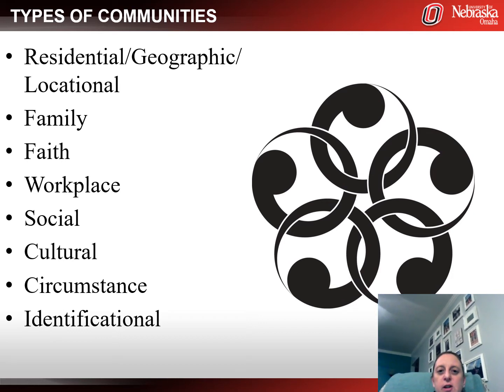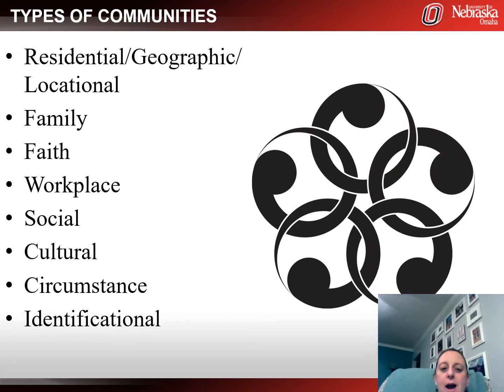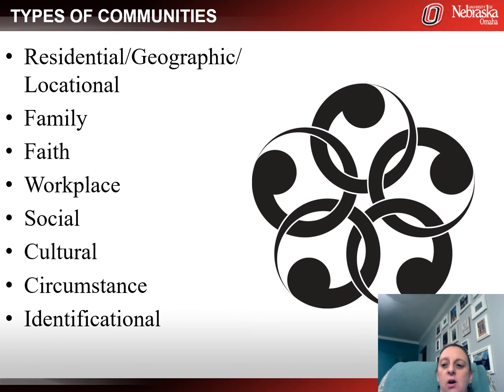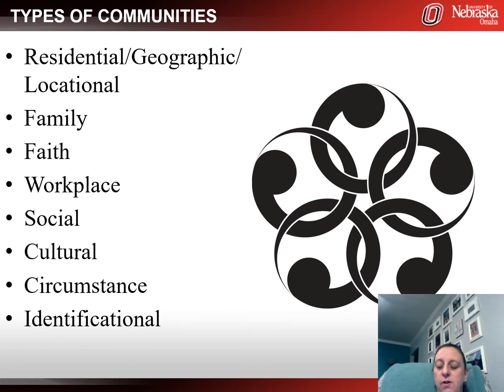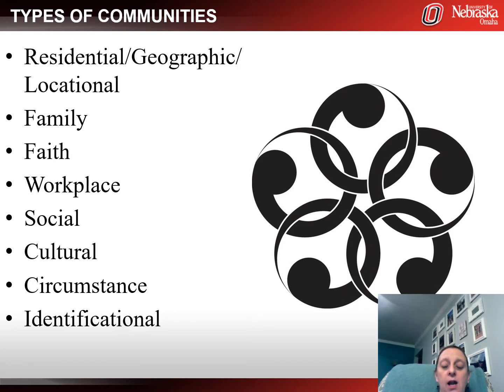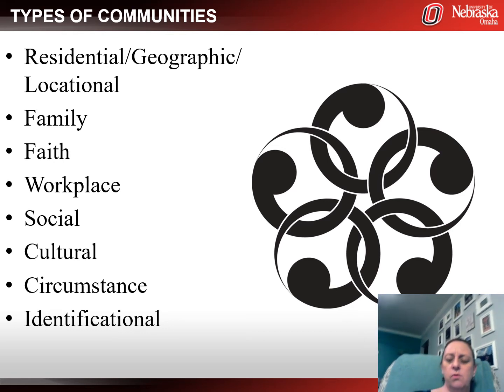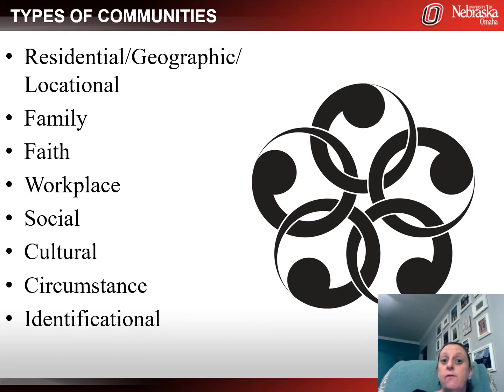So you think about people that experienced Hurricane Katrina, for example, or when 9/11 happened, people that were directly impacted by that circumstance of 9/11, or when there's a major tsunami or earthquake or natural disaster of any kind, or if there are wildfires, or if there's a drought or flooding, those can be communities of impact or circumstance when there's that type of shared connection, shared experience that can be very bonding.